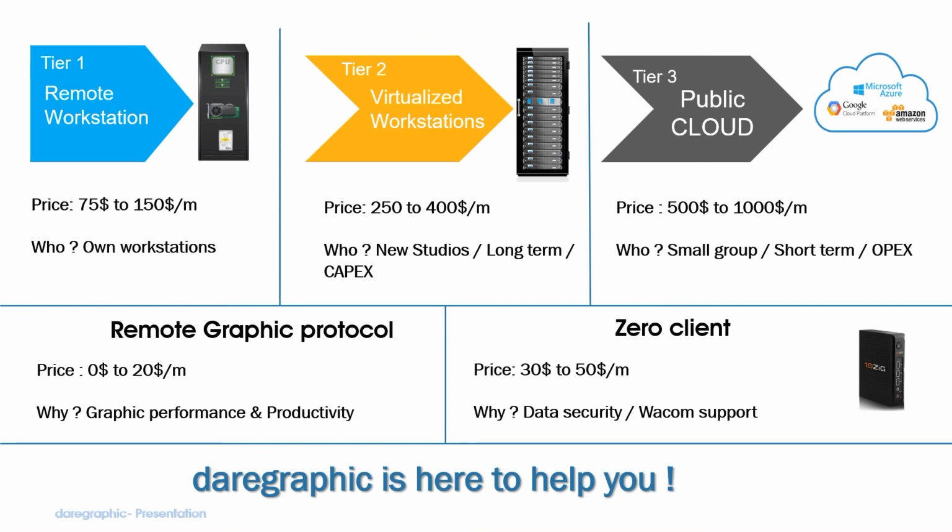So let's recap all of these three solutions that we've looked at, and let's look at very high level rough price numbers. So back to our basic remote graphic solution. If you want to buy a workstation and install a remote graphic software or hardware, these are usually amortized over 3 years, and you will get between $75 to $150 per month over 3 years to amortize that investment.